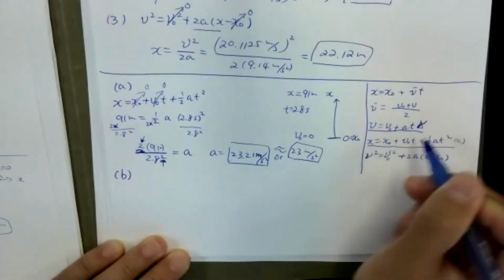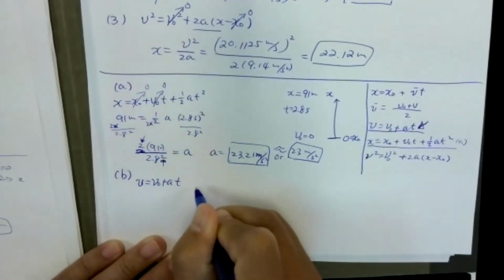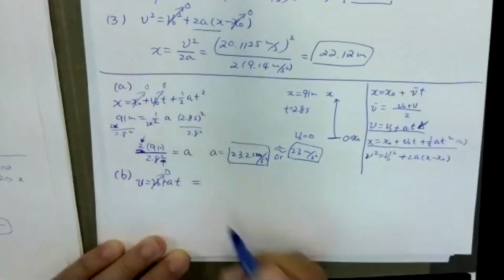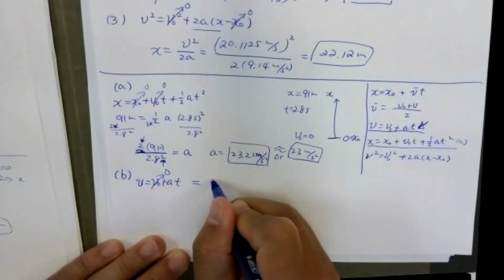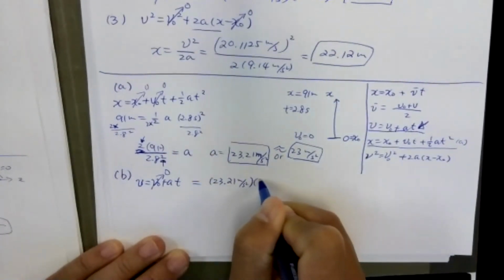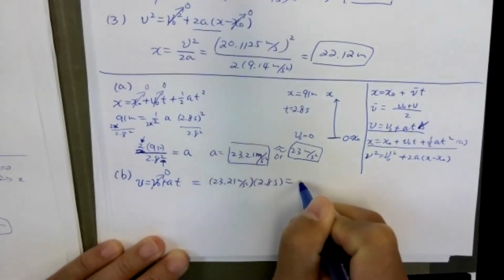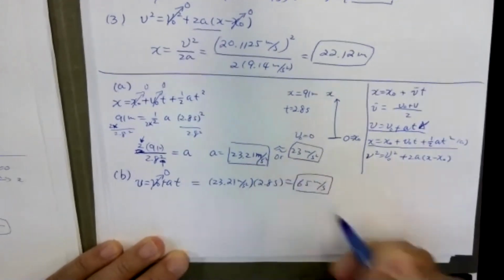So V final should be equal to V0 plus a times t. Initial velocity is 0, then a is 23.21 meters per second squared, times 2.8 seconds, that will give you roughly 65 meters per second.